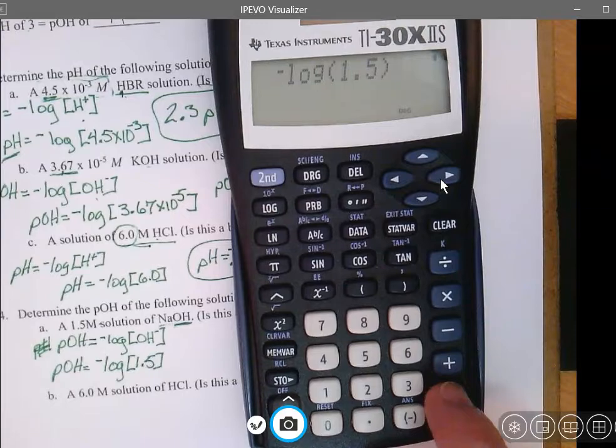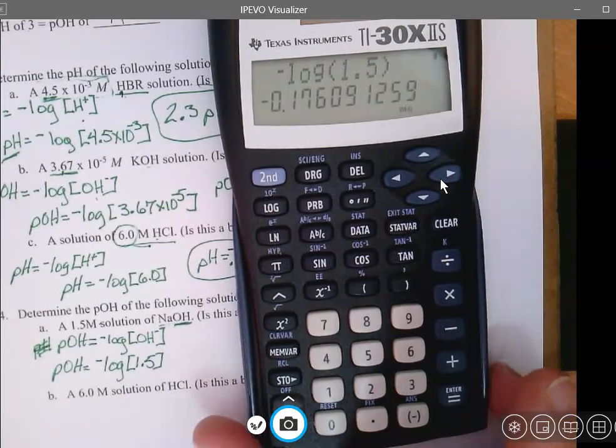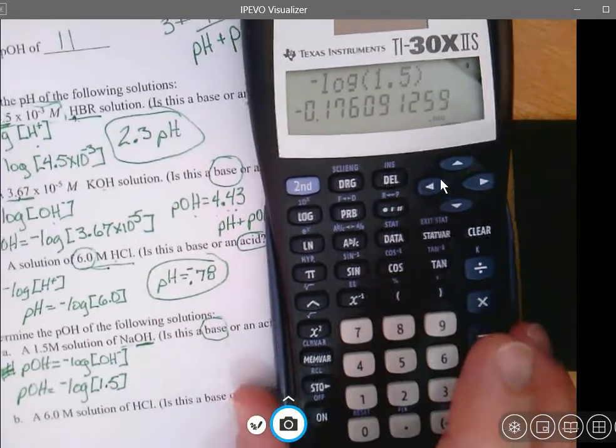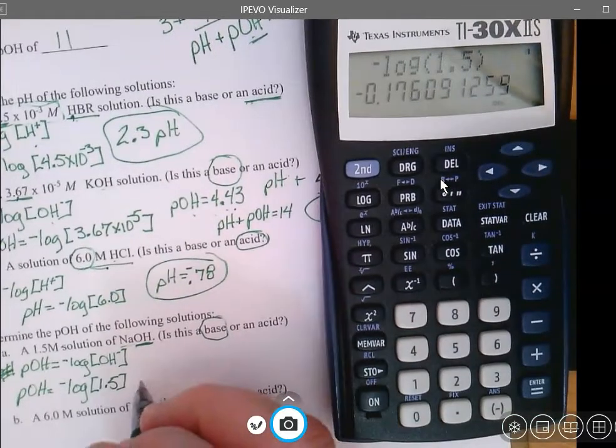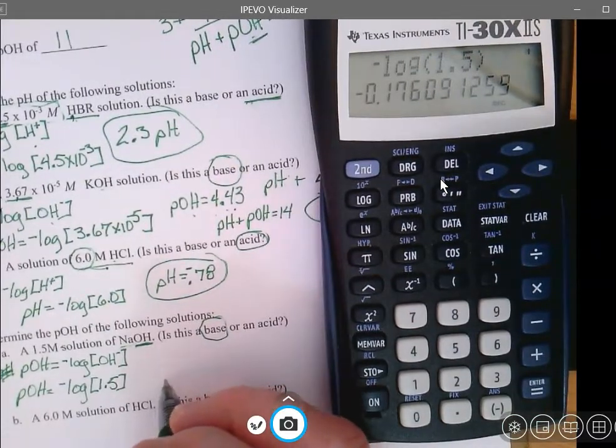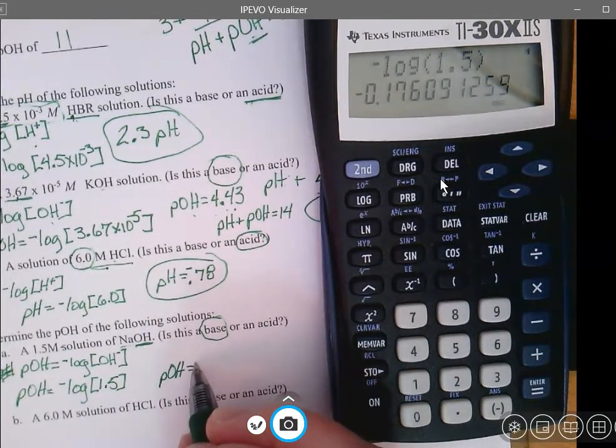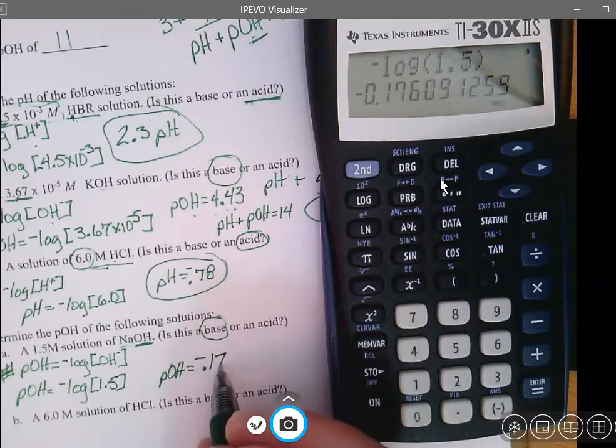And our value is negative 0.176. Once again, it's not normal, but we use it. pOH equals negative 0.176. So we're going to round this to an 8.